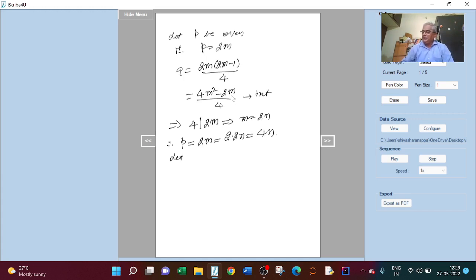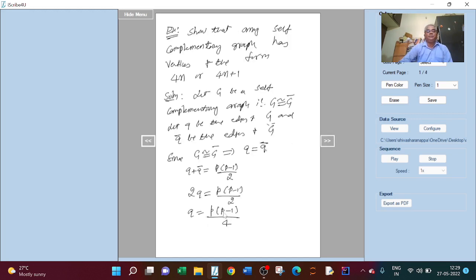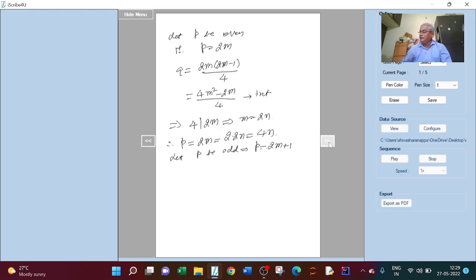Now another case, let P be odd. Let me take P equal to 2M plus 1. Again I will go to this equation. Q is equal to P into P minus 1 by 4, which is equal to a positive integer. What is P here? P is 2M plus 1 into P minus 1 is 2M, divided by 4, is equal to a positive integer.